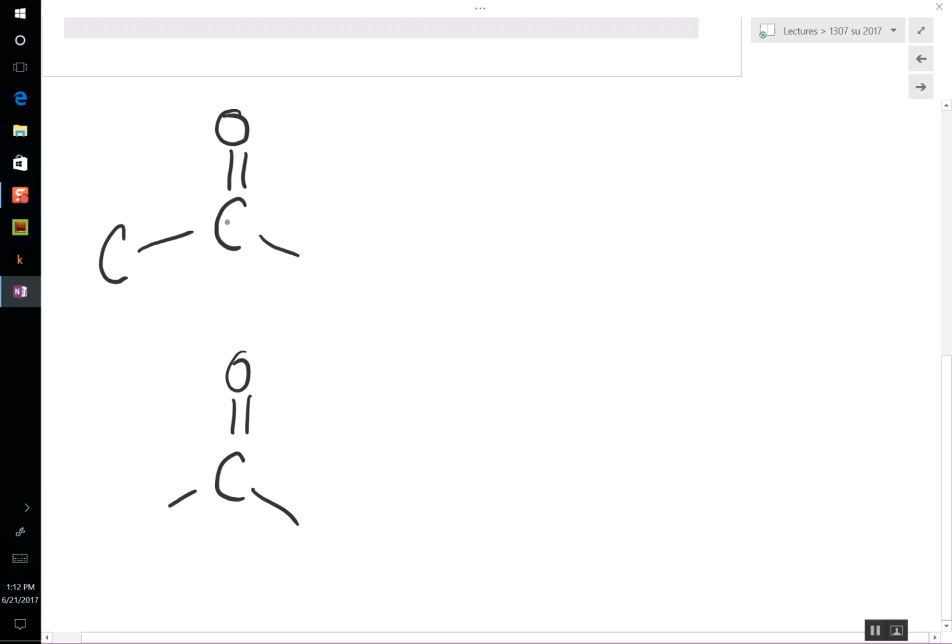It's not a carbonol. A carbonol is an OH. A carbonyl is a carbon-oxygen double bond. Like I said, this is the whole subject of chapter 13. If that carbon-oxygen double bond is at the end of the molecule, it's an aldehyde.